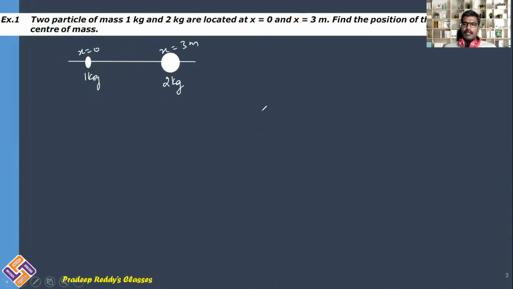To calculate the center of mass of the system, you should use XCM because the 2 masses are located only along the x-axis. That's the reason you write only XCM. XCM is equal to M1x1 plus M2x2 divided by M1 plus M2. M1 is 1 kg, its position x1 is 0.